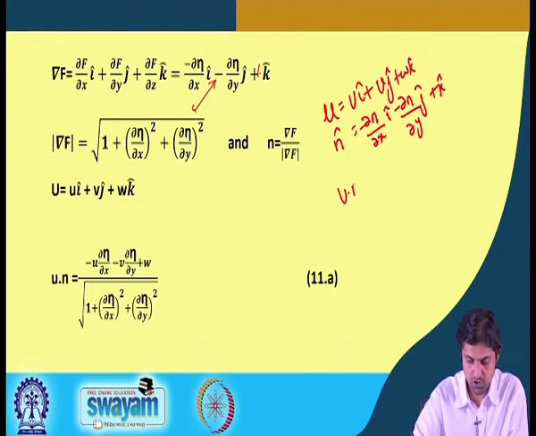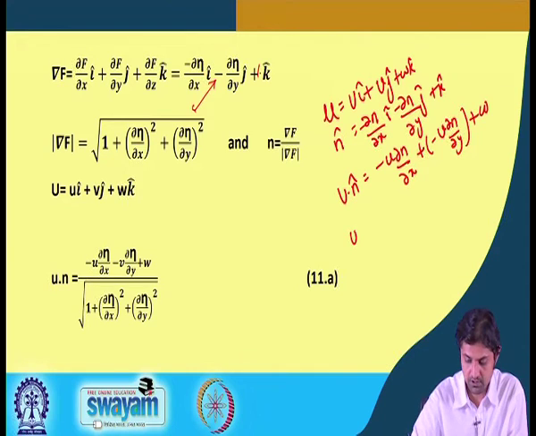If you do u dot n is equal to 0, so i and i will become minus u del eta del x, minus v del eta del y, plus w, divided by, of course, the denominator, 1 plus del eta del x whole square plus del eta del y whole square.